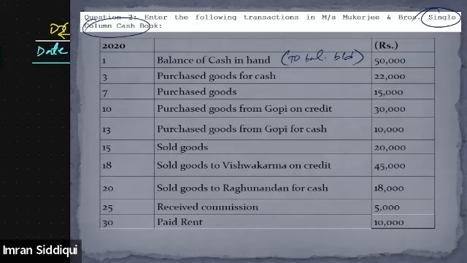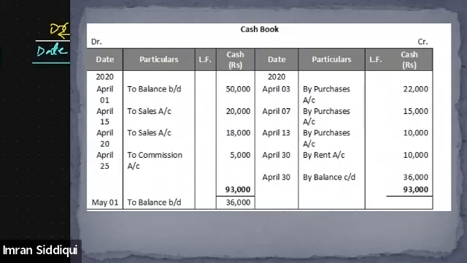Okay. So I'm showing you the solution of the question. Never mind. Now, see, this is how we will be solving it. This is the correct solution. Make sure everybody is getting the same answer. Closing balance of the cash book should be 36,000. Everybody getting this answer?